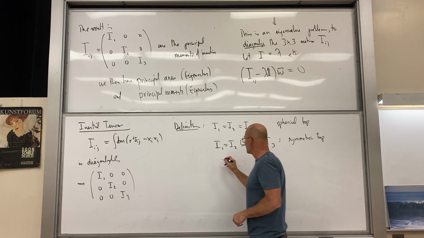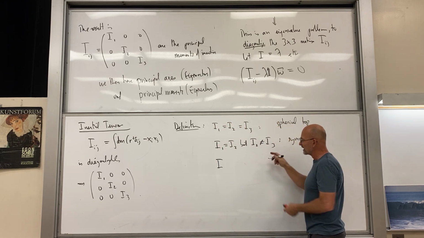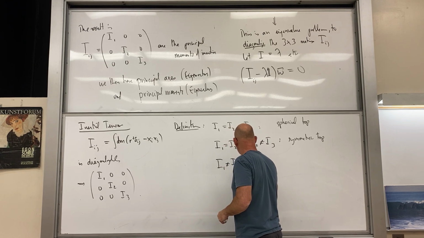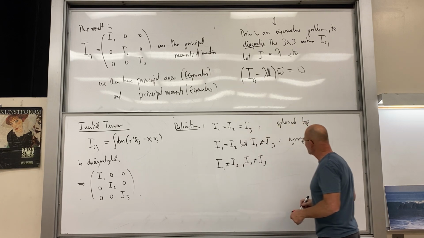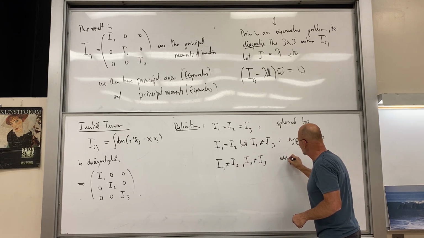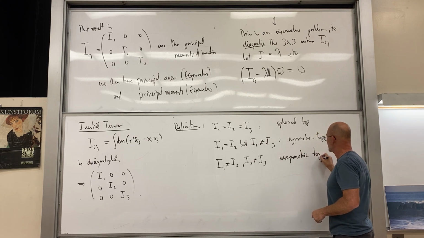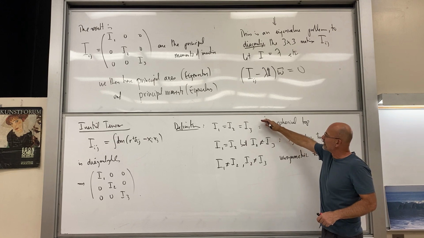And then the third possible case, up to permutations: I1 is not equal to I2, I2 is not equal to I3. So they're all different, and that's the unsymmetric top. And we'll see the dynamics here are very easy.